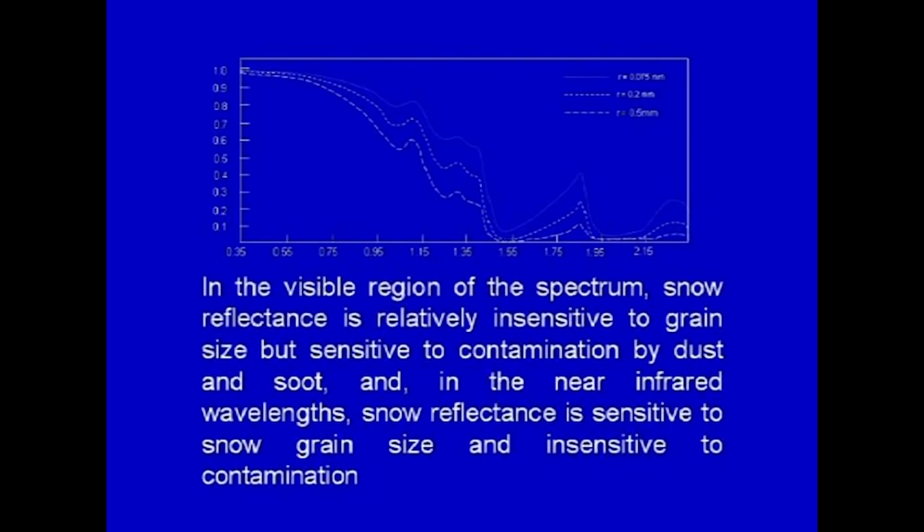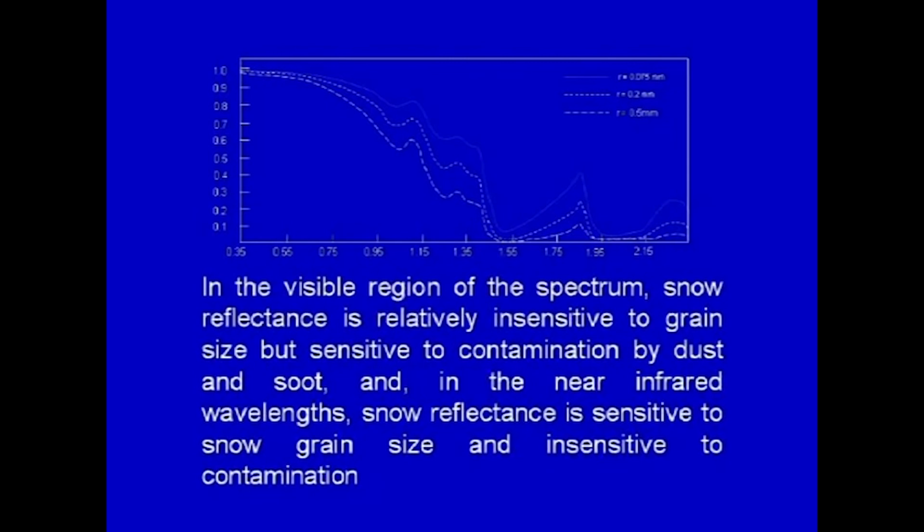In the visible region of the spectrum, the snow reflectance is relatively insensitive to grain size, but sensitive to contamination by dust and soot. And in the near infrared region, snow reflectance is sensitive to snow grain size and insensitive to contamination.